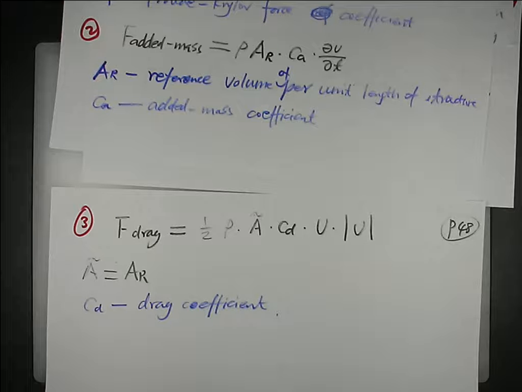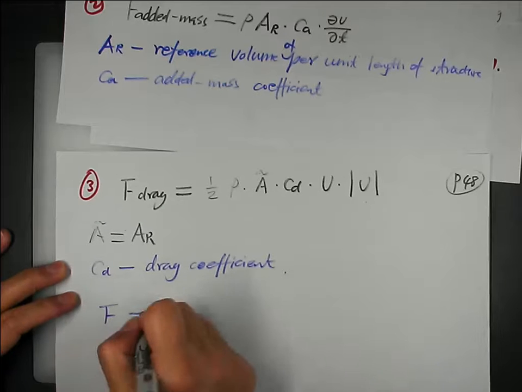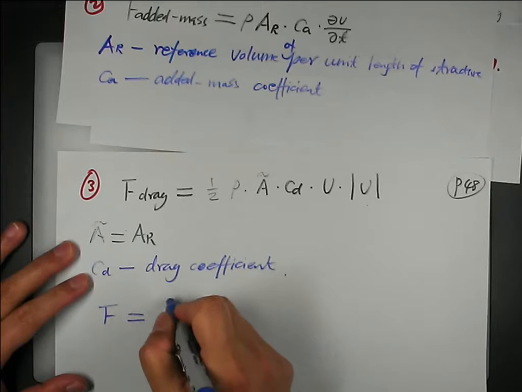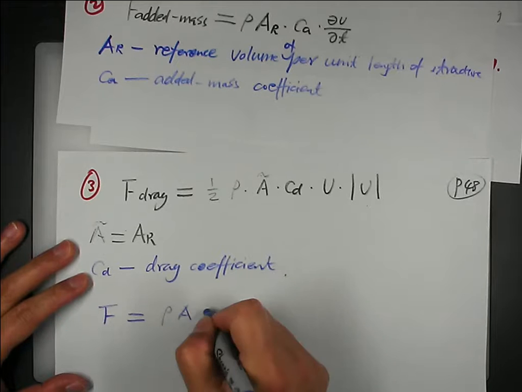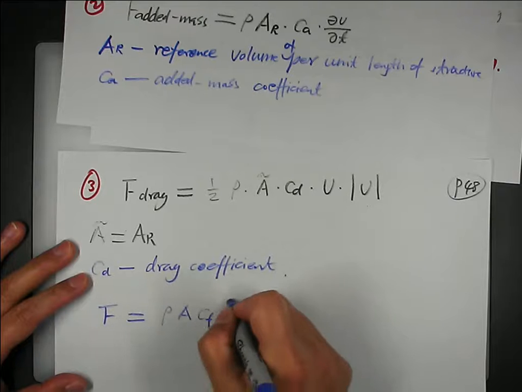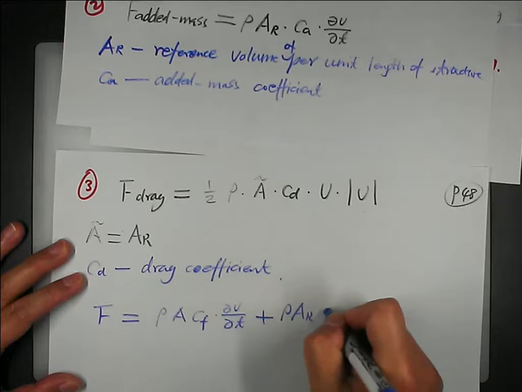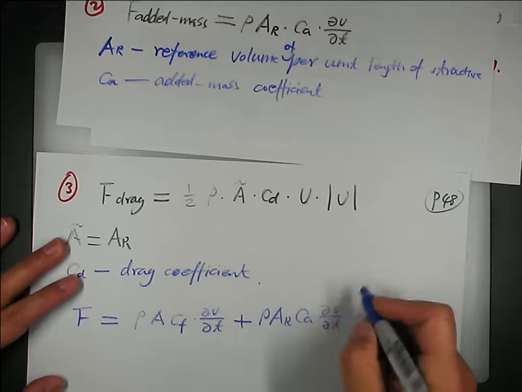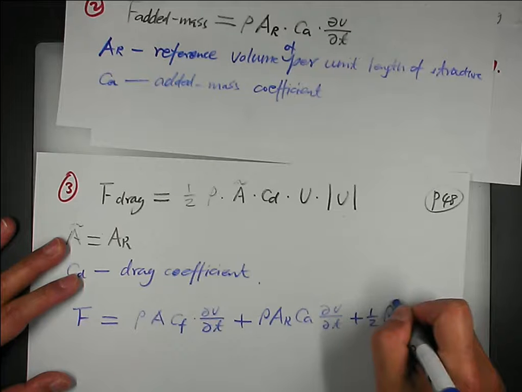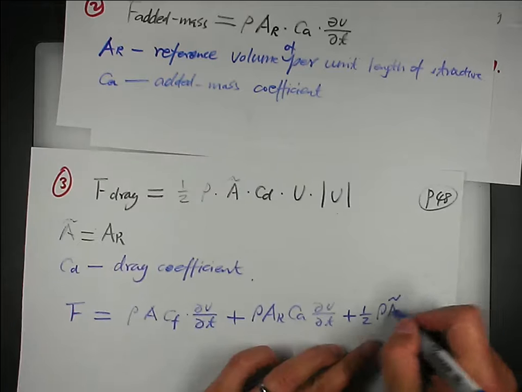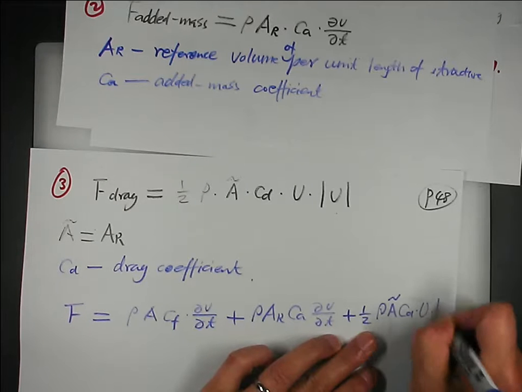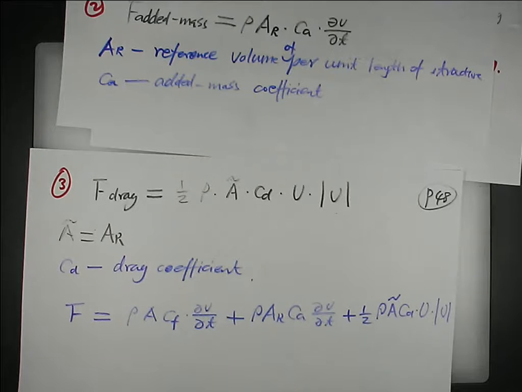Okay. So now the force has three parts: the fluid collar force, rho A CF delta U over delta T, plus rho AR CA delta U over delta T, plus half rho A prime CD U times the absolute value of U. So this is the Morrison equation, and this is the general form.